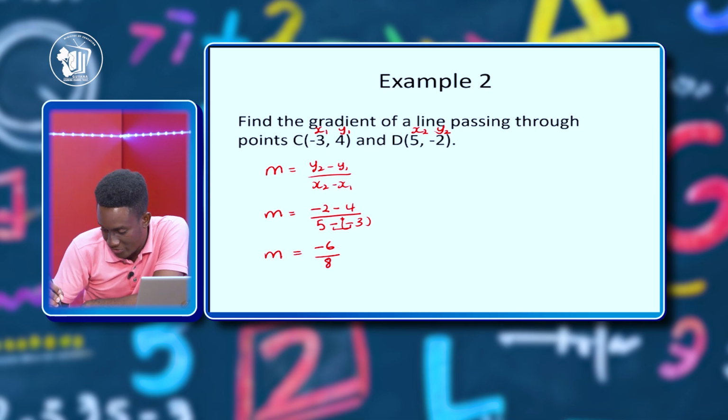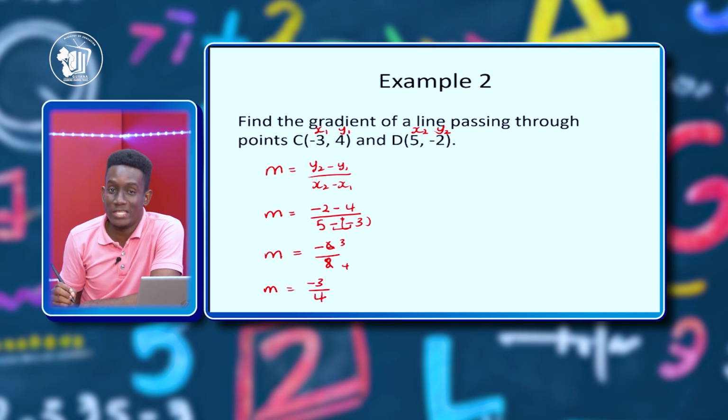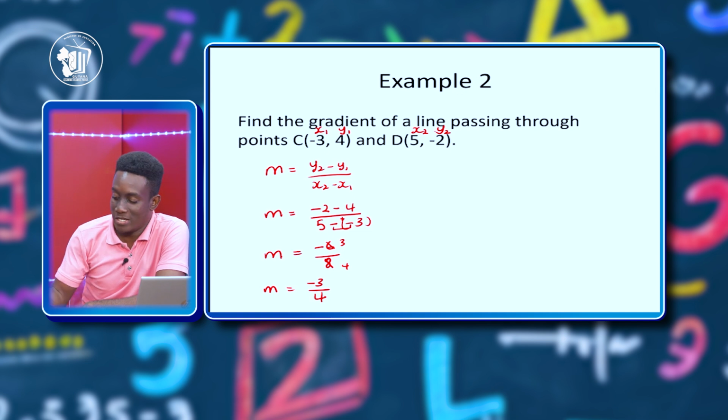So this can be simplified to 6 divided by 2 would be 3, -3, and 8 divided by 2 is 4. So the gradient would be -3 over 4. So what -3 over 4 is saying, as we rise, but since it's negative, that means you must go down.